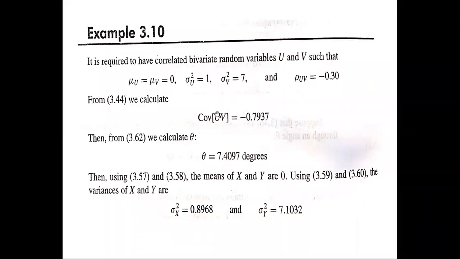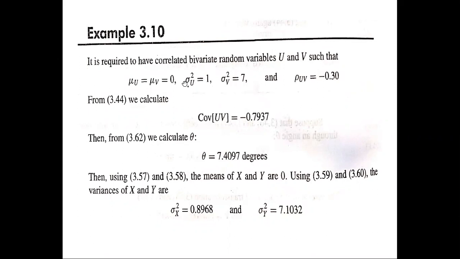Covariance of uv will be nothing but rho uv multiplied by root of 1 and root of 7. So basically this quantity multiplied by this will be the covariance, that is, multiplied by sigma u and sigma v.